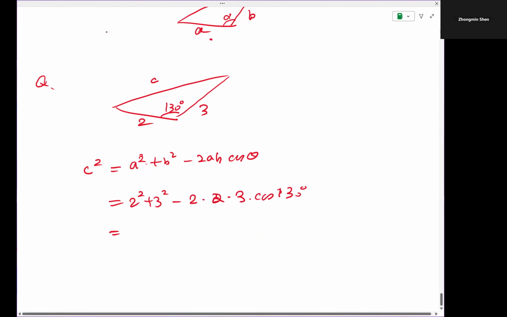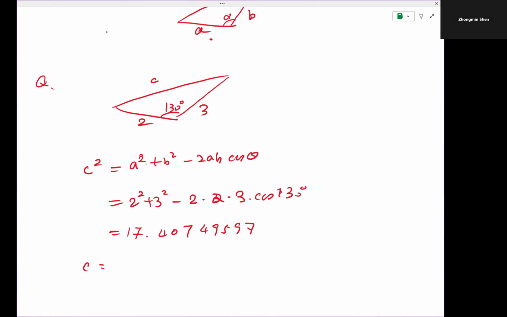So 2 squared plus 3 squared minus 2 times 2 times 3 times cosine 130 degrees gives 17.40749597. So C is about 4.172229136.